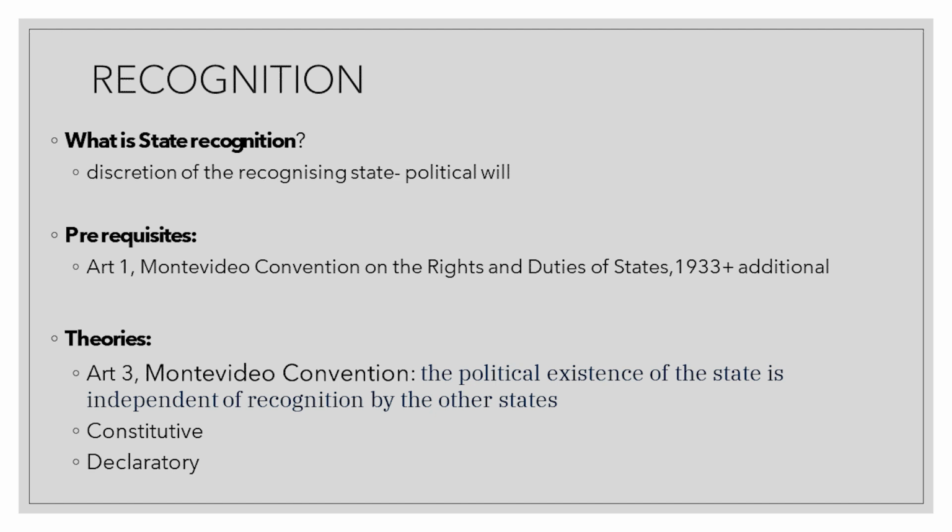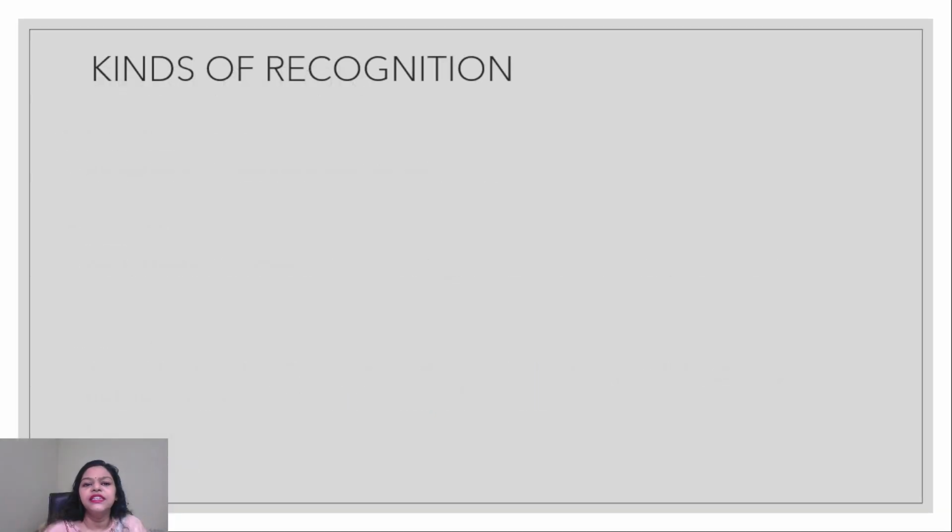Let us now move to kinds of recognition. So there are different ways in which recognizing states may recognize a new state as a state. First categorization of recognition is de facto and de jure. De facto is in fact. So in fact, a state has come into existence and therefore it is recognized as a state.